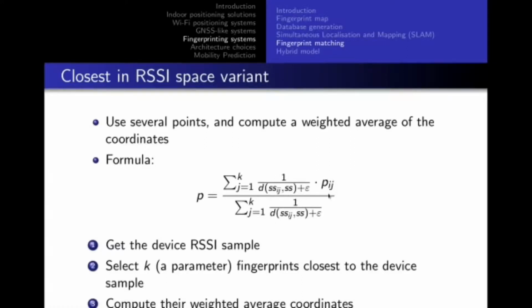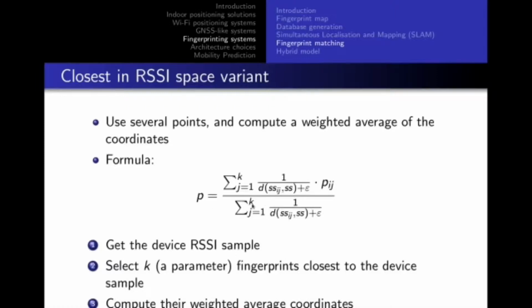The weight is the inverse of the distance in the RSSI space. So the closer the point is to the RSSI value, the higher the weight, plus an epsilon, which avoids dividing by 0, over the sum of the weights.